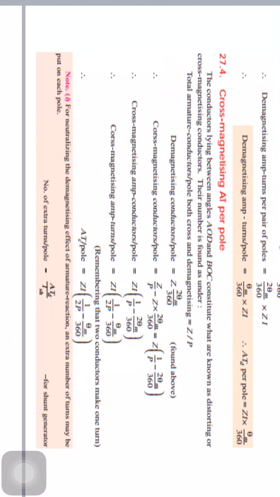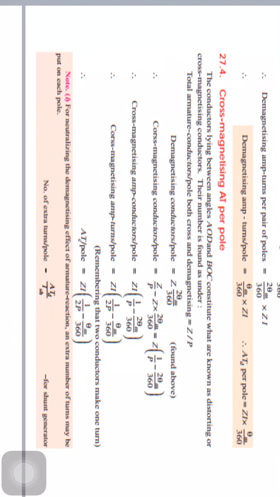The conductors lying between angles AOD and BOC constitute distorting or cross magnetizing conductors. We can calculate the cross magnetizing ampere turns per pole. The demagnetizing conductors per pole is equal to Z into 2 theta m by 360.